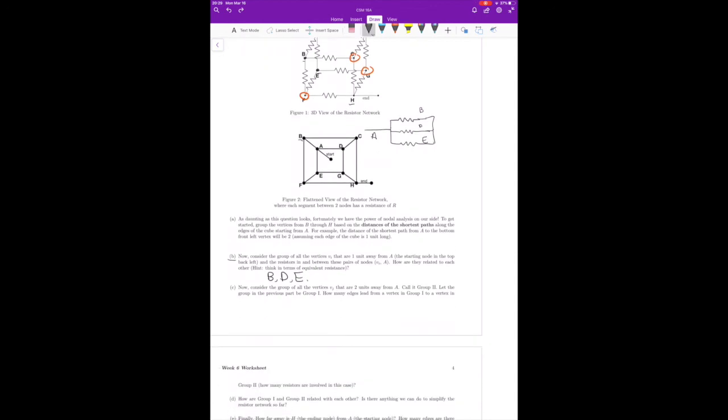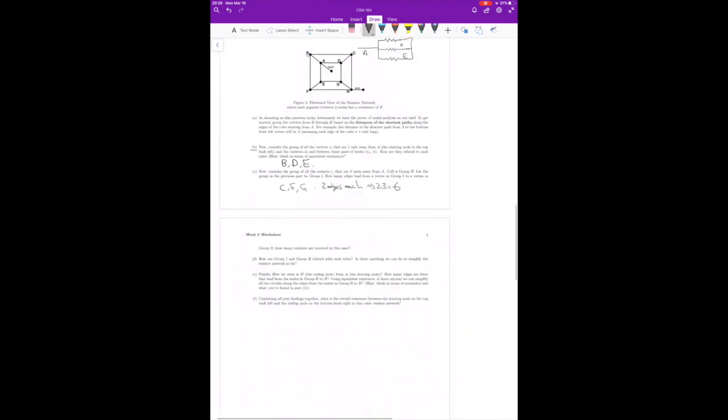So let's write which ones we have here. We have C, F, and G, and there are 2 edges each. Since there are 3 nodes, we can do 2 times 3 and get 6 total edges, and so that means that 6 resistors are involved.